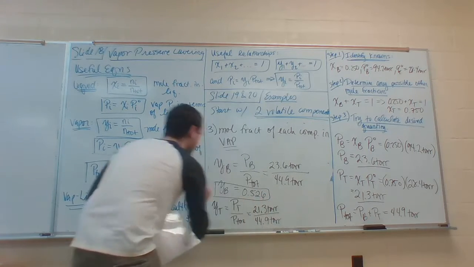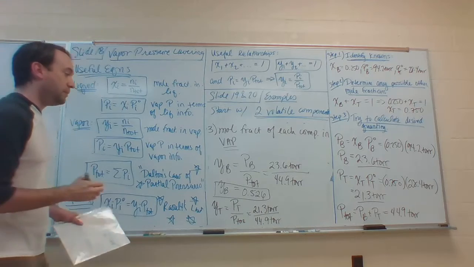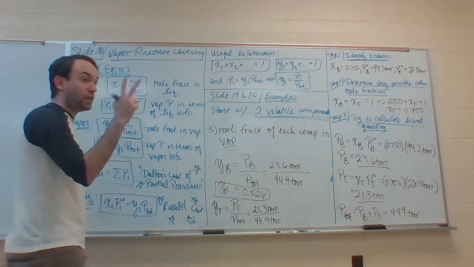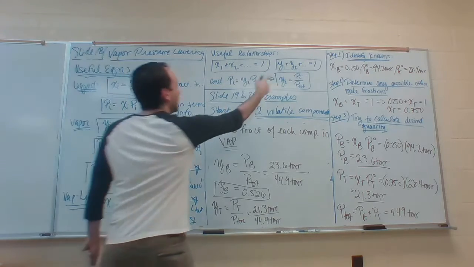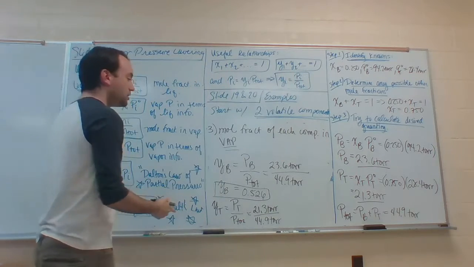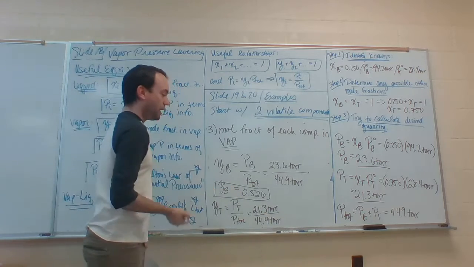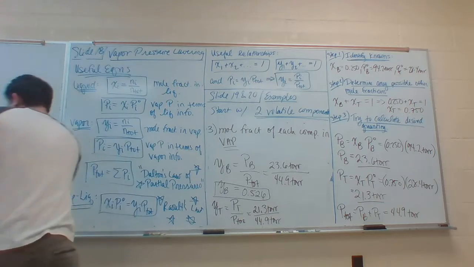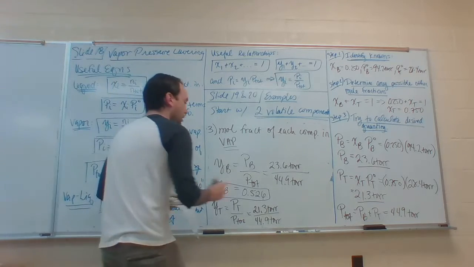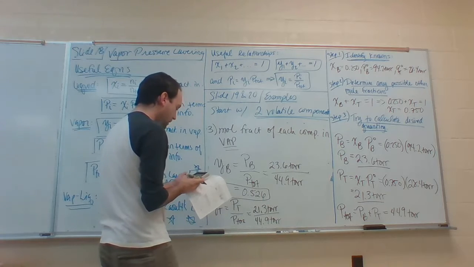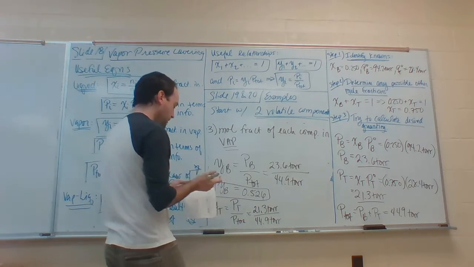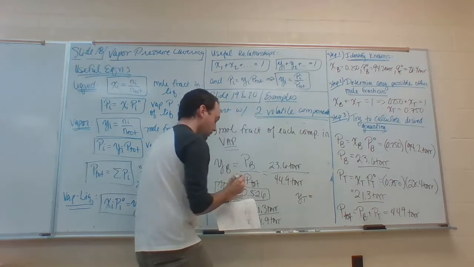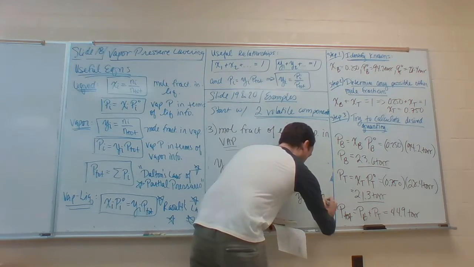Now, since it's a binary mixture, I could go through and plug all of that in. Or, since I know that there are only two components, I could again use it for the vapor and just take 1 minus that, and it would give me my mole fraction of the toluene. So if I take 1 minus my 0.526, my mole fraction of toluene should equal 0.474.